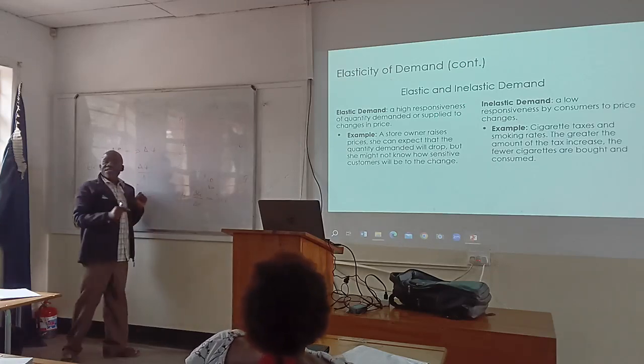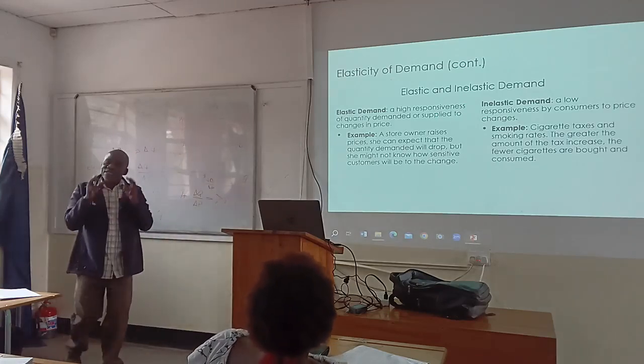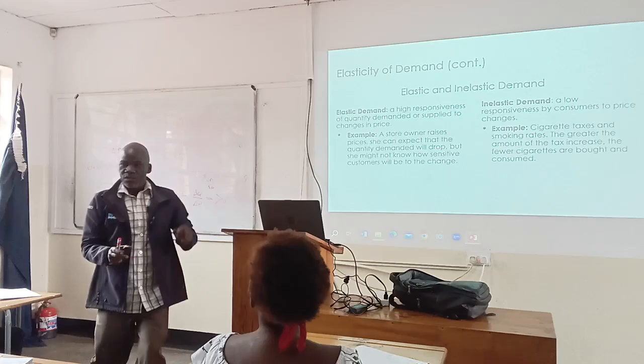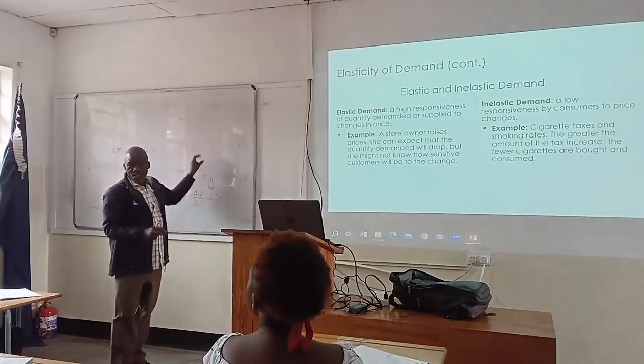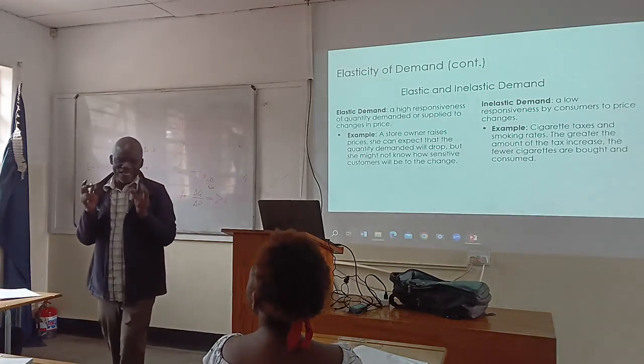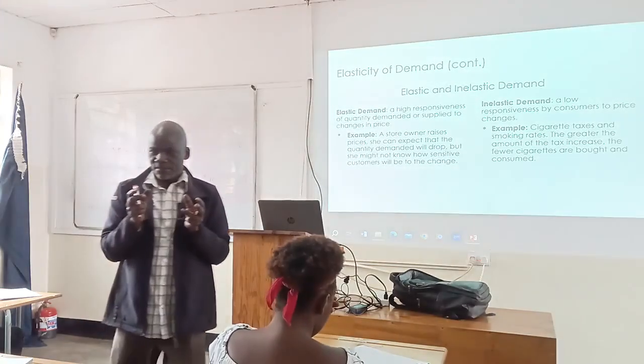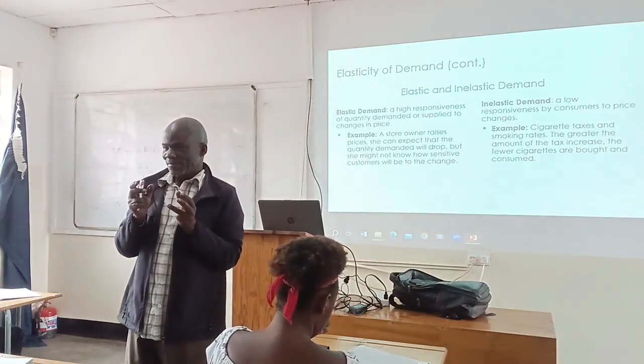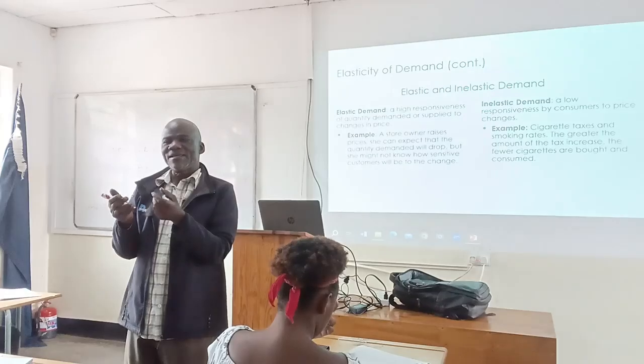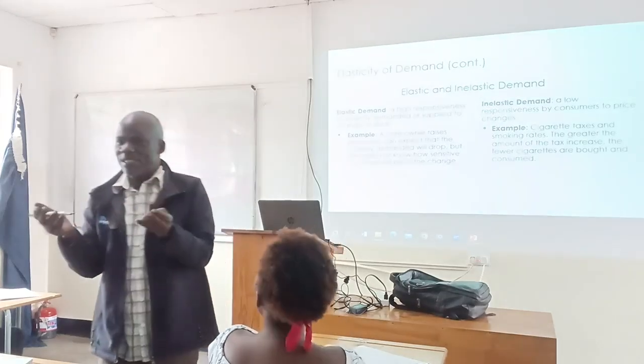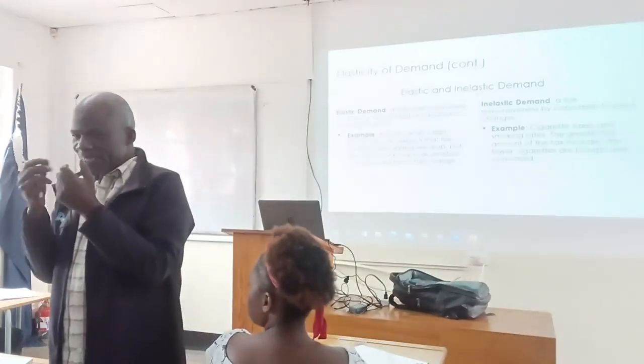So now look at the law of demand. In order to interpret this line, look at the law of demand. What does it say? Now you have just been doing an assignment, pompan. The law of demand, what does it say?